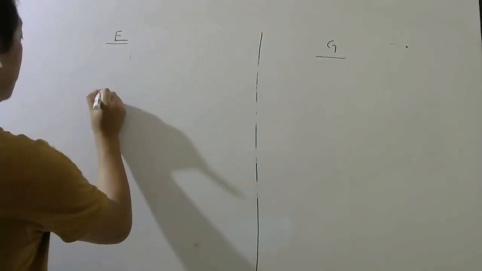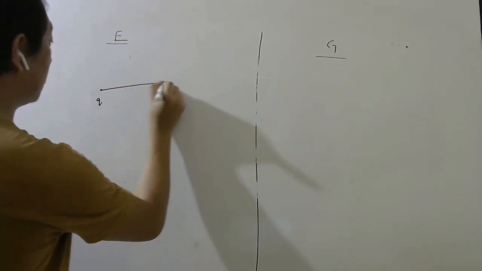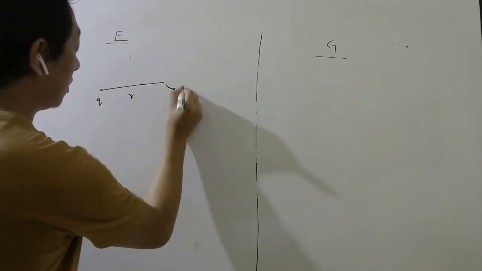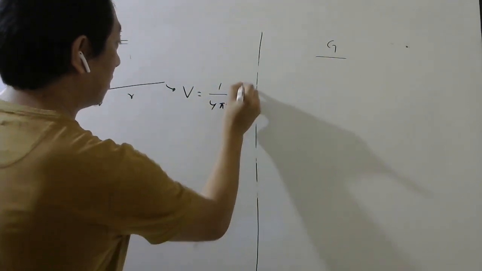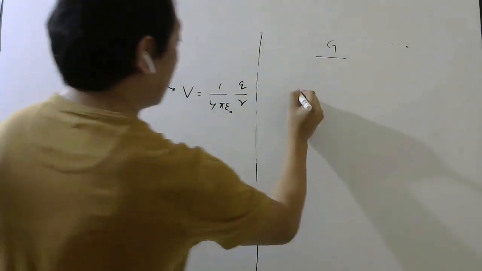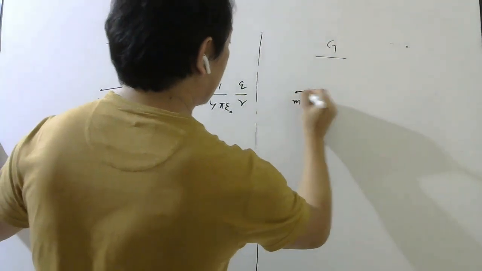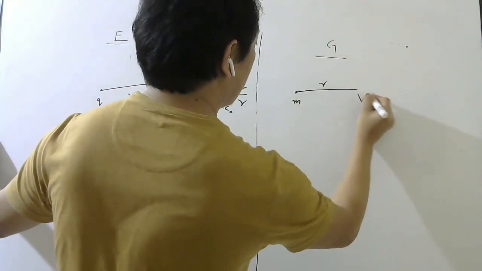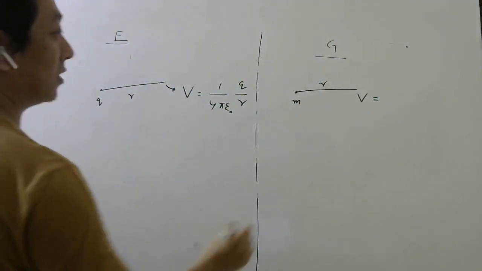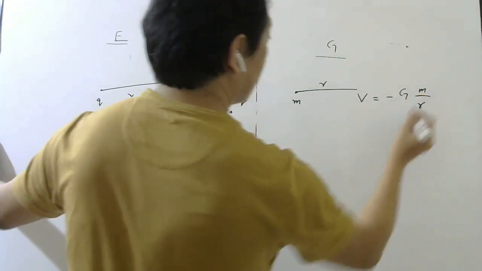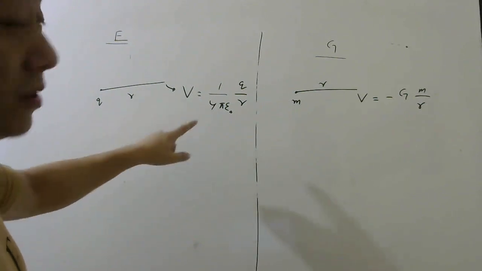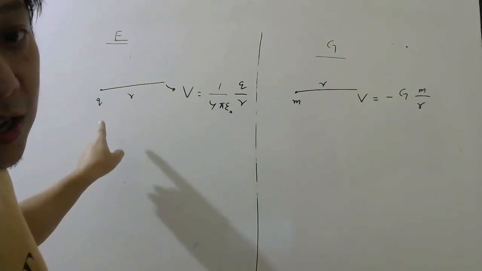For a point charge at a distance r, if I want potential here, what was the formula? 1 by 4 pi epsilon naught Q by r. Similarly, if you have a point mass at a distance r, if you want gravitational potential, then it is minus G m by r, where m and Q are the source mass and source charge here.